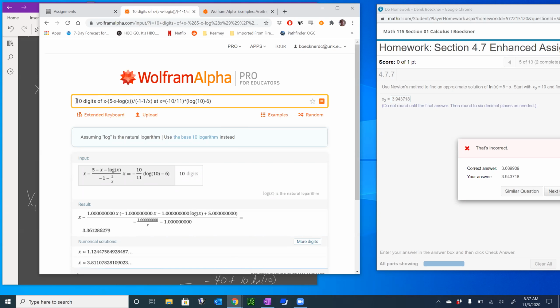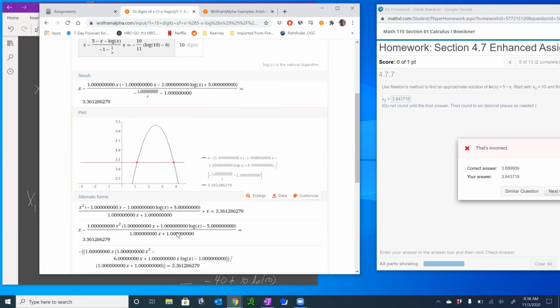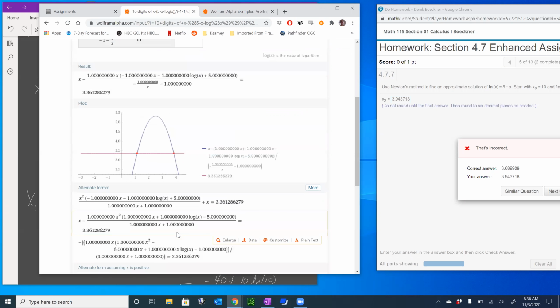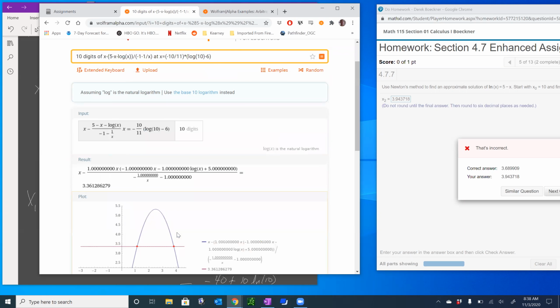Correct answer is 3.68, and this gives us 3.81. Why?